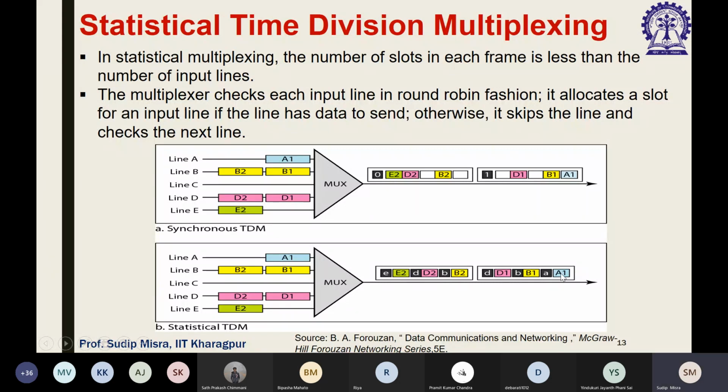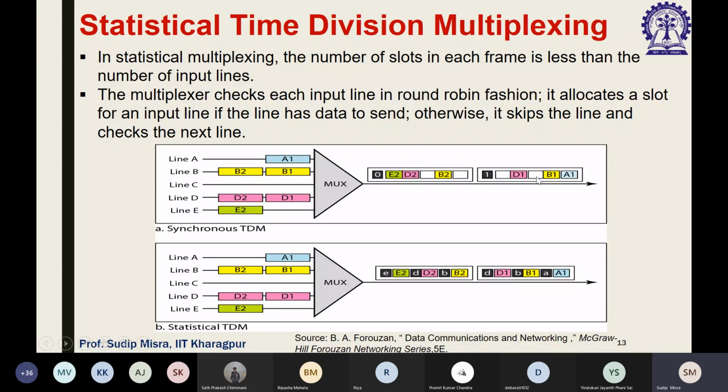A1 is going to be accompanied by its header, B1 is going to be accompanied by its header, D1 is going to be accompanied by its header. Note over here that there was no C1. So you see that there is no empty slot corresponding to C, like in the case of synchronous TDM.